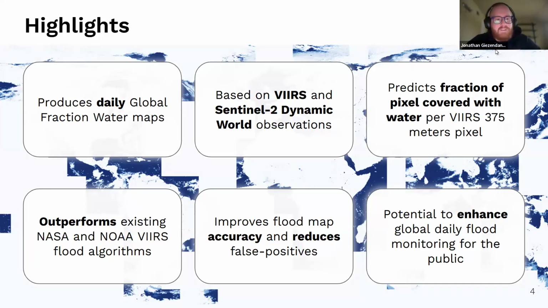They outperform existing NASA and NOAA VIIRS flood algorithms, and Alex is going to extensively talk about the validation of our product. It improves flood map accuracy and massively reduces false positives. So this product really has the potential to enhance global daily flood monitoring for the general public.